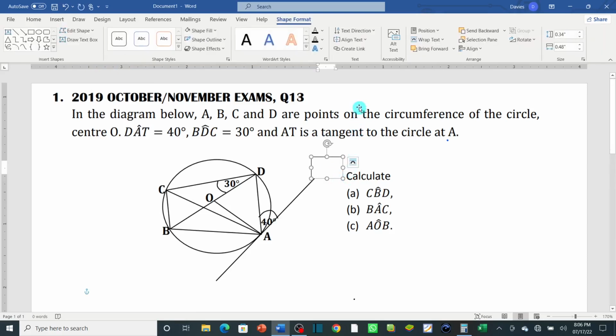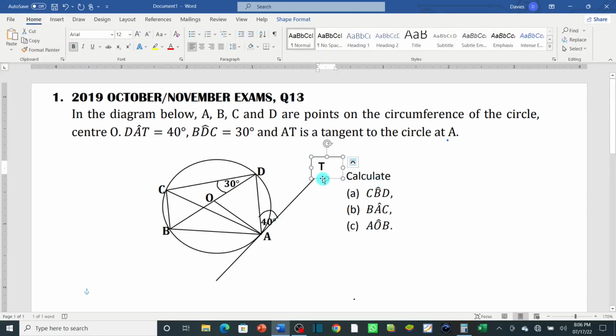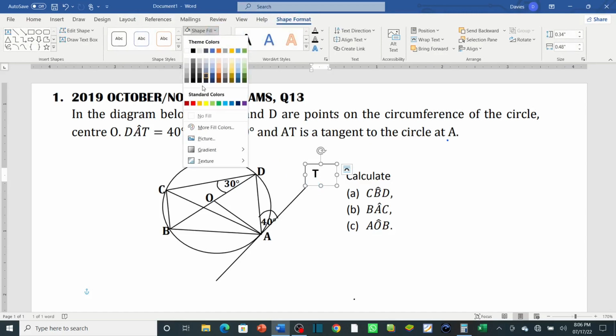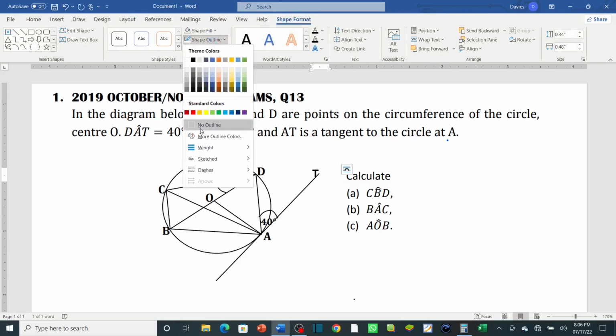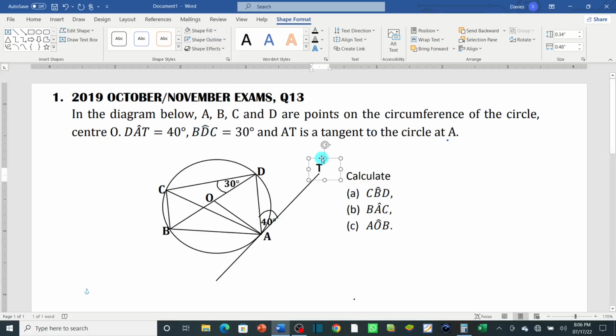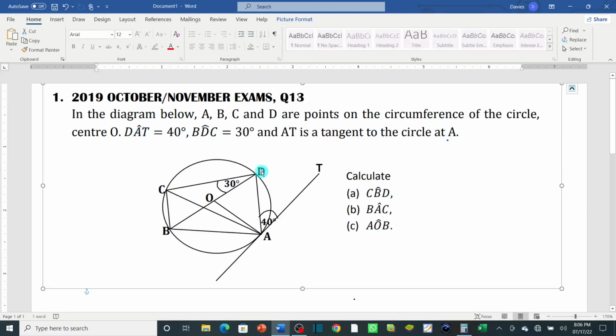So this is the T. So they're telling us that DAT is actually 40 degrees, and the angle BDC, so we have B, then D, then C, is 30 degrees, and AT is a tangent to the circle at A.